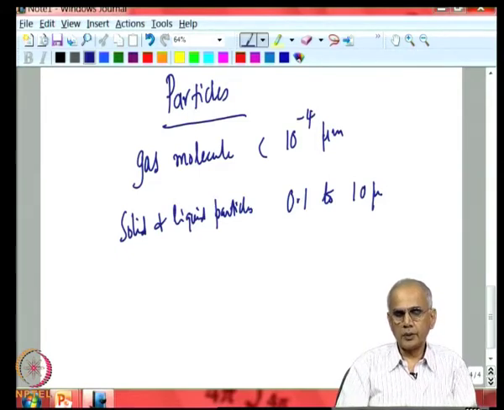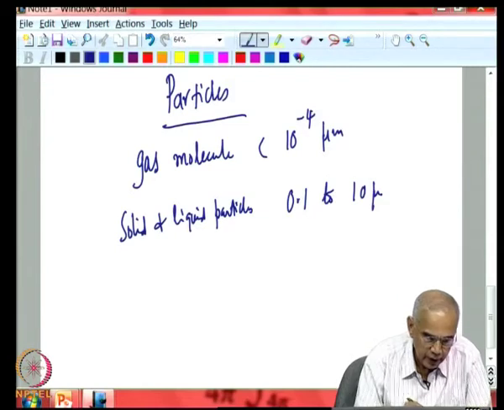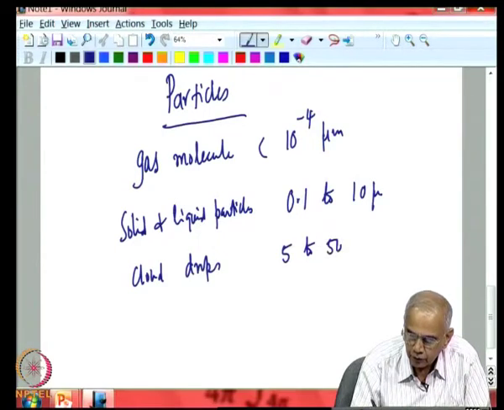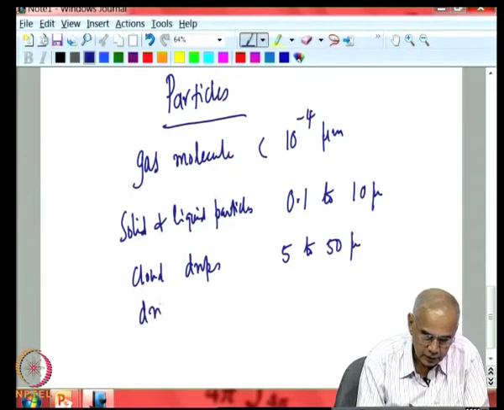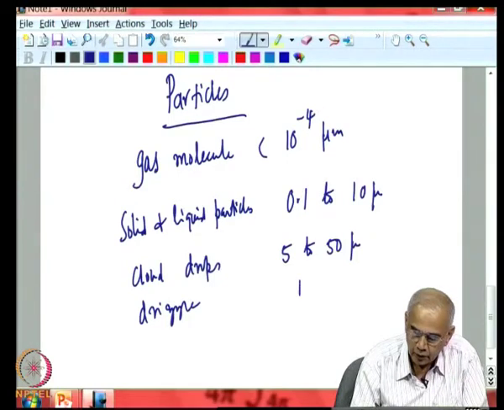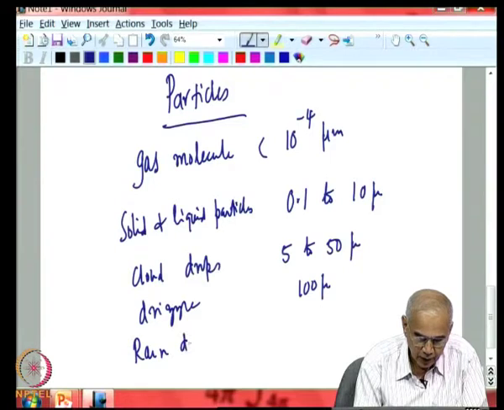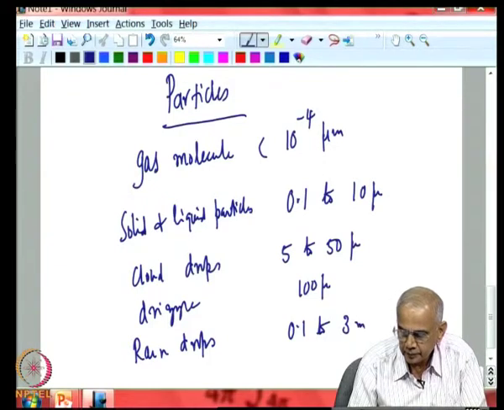Now, this, as you can imagine, is much larger than what you see in the case of gas molecules, and then you have cloud drops, which are typically in the size range of 5 to 50 micron. Then you have drizzle, which are larger droplets, so they go up to 100 micron, and when you have raindrops, which are really large particles which actually fall to the ground, you are talking about 0.1 to 3 millimeters.